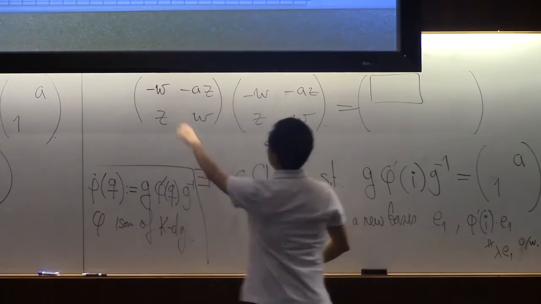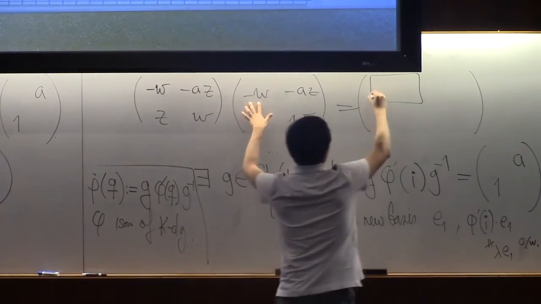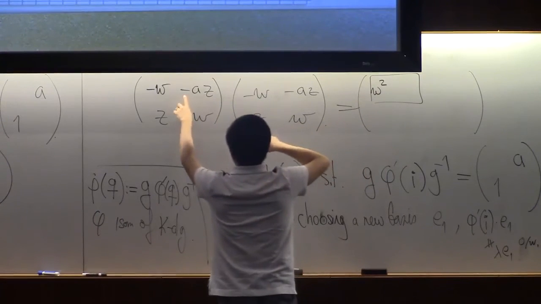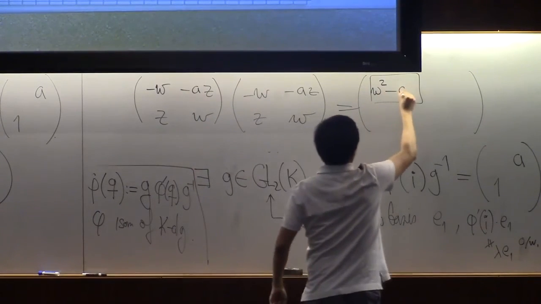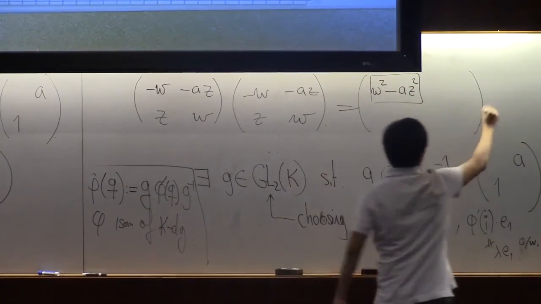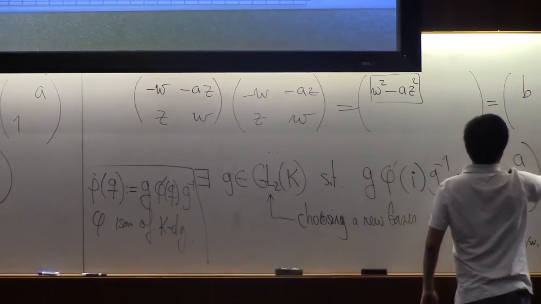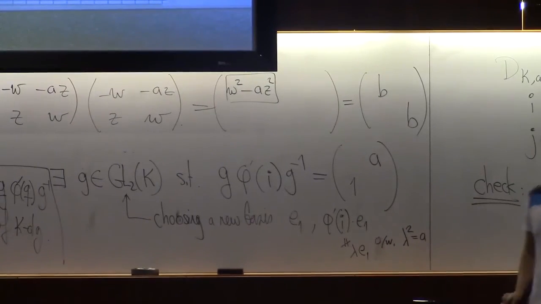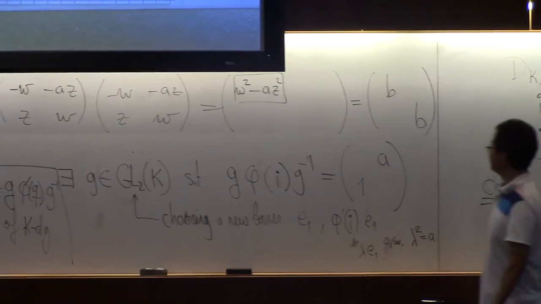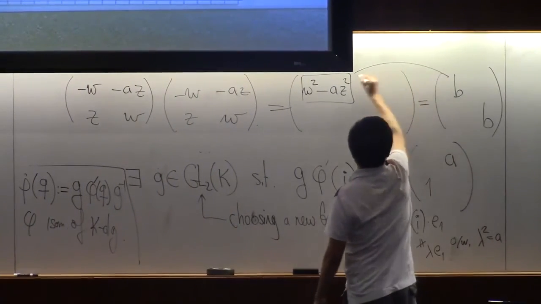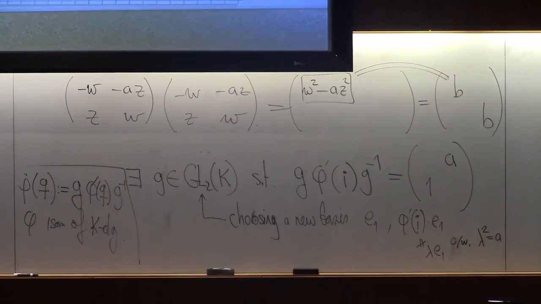So what do I get? I get minus w times minus w, so w squared. Minus az times z, so minus az squared. And this should be equal to the diagonal matrix bb. There we go. So we have a solution then. So we have b equals w squared minus az squared. That's it.